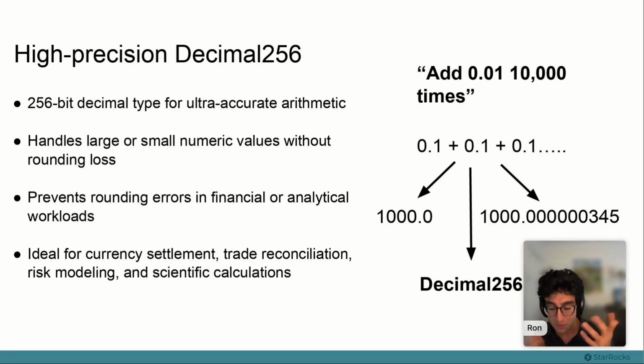Maybe you're calculating interest payments, PMI, whatever it is. Some other examples I've listed here are currency settlement, trade reconciliation, and modeling. We're striving to achieve success in other workloads and data types beyond traditional ones that you may see in a warehouse setting, so we're catering to all different industry verticals and use cases.